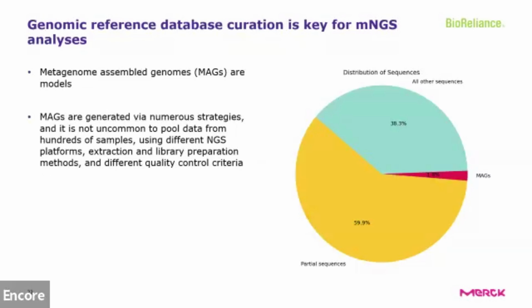Also, if you look into how MAGs are created, they sometimes pooled hundreds of samples from different Illumina library preps into one sample to get enough coverage, and then people create genome assemblies of that. So they're problematic. We for now just take them out, but that might be too aggressive. It's a problem, especially for K-mer analysis.